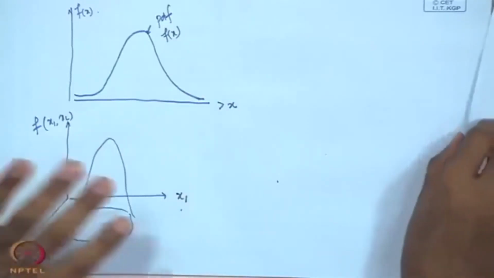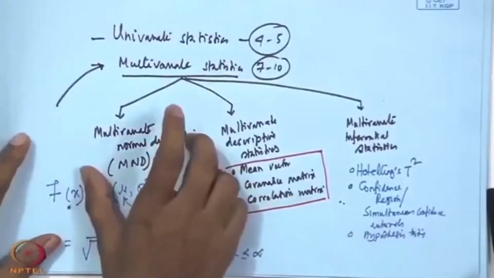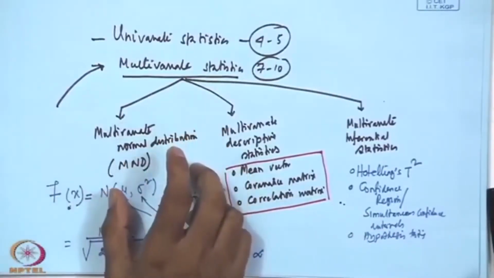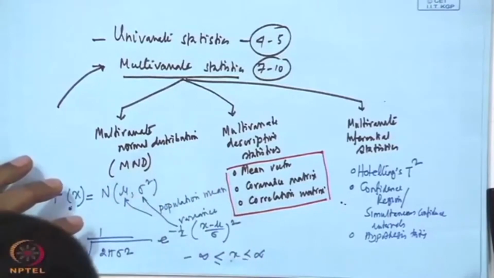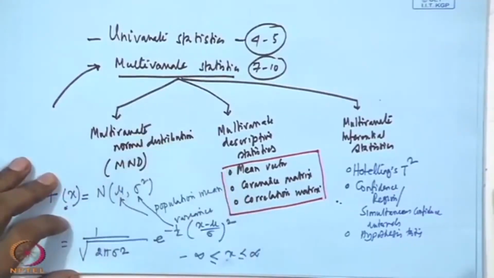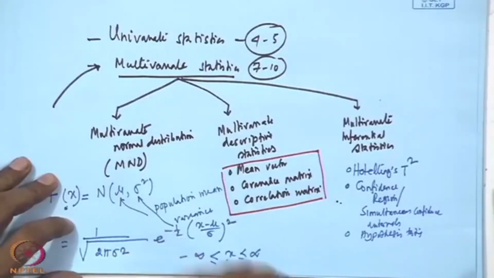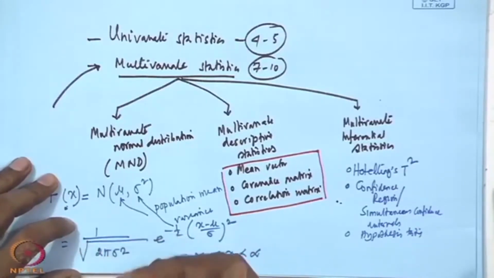And as I told you, the multivariate normal distribution is very important, because almost all the models in multivariate statistical modeling follow it, because if the data follows the multivariate normal distribution, then most of the tests become possible.